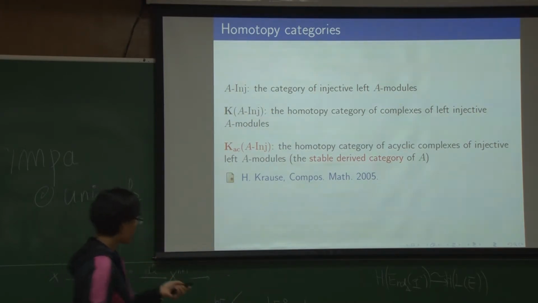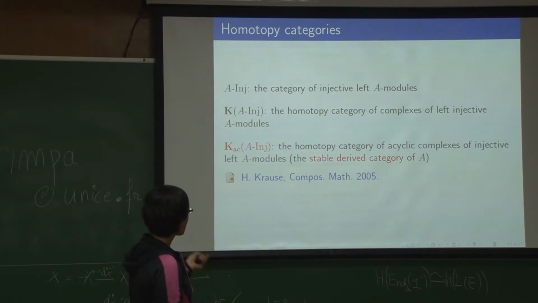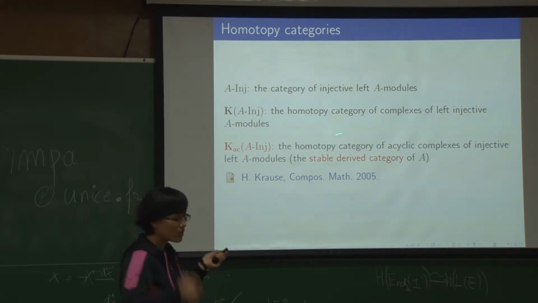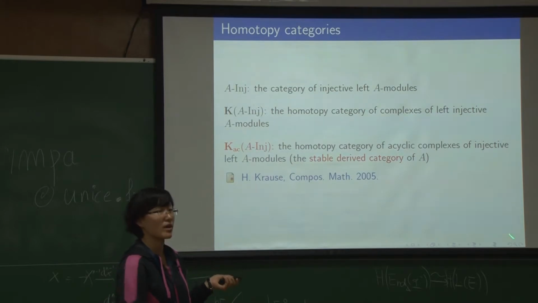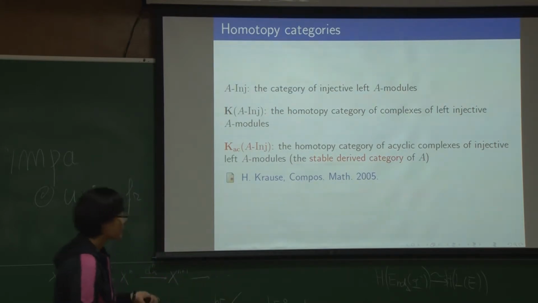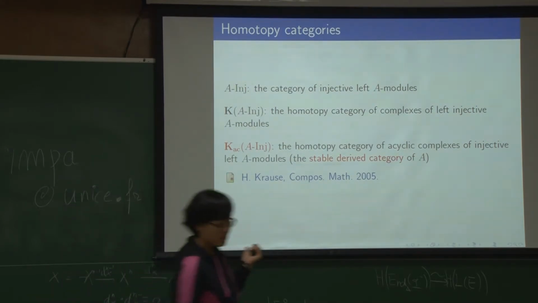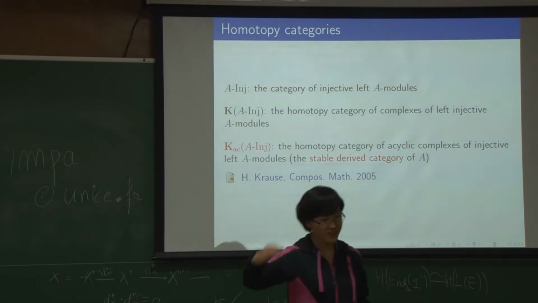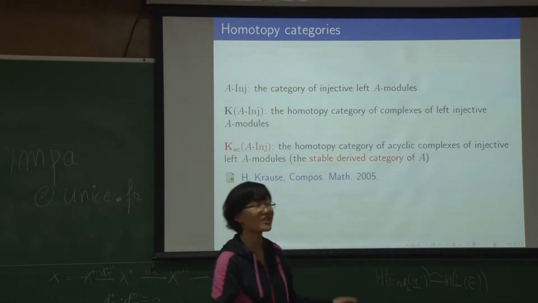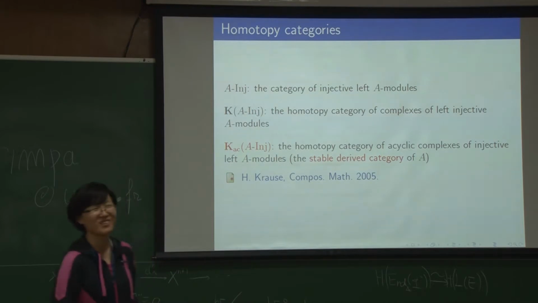Here we didn't give the details for this, but we know that it's a triangulated category. And in fact, later in this paper, he showed that this is a compactly generated triangulated category. Because of his result, I can try to find a compact generator. If it's not compactly generated, I cannot find one.